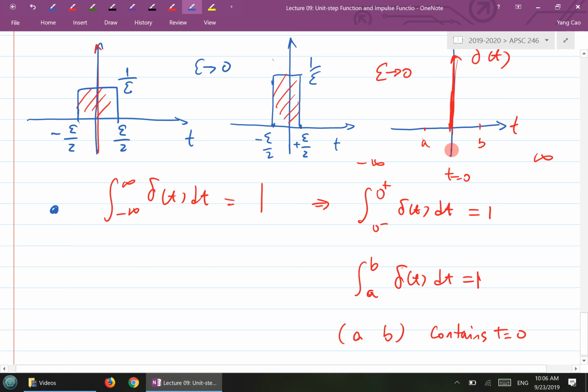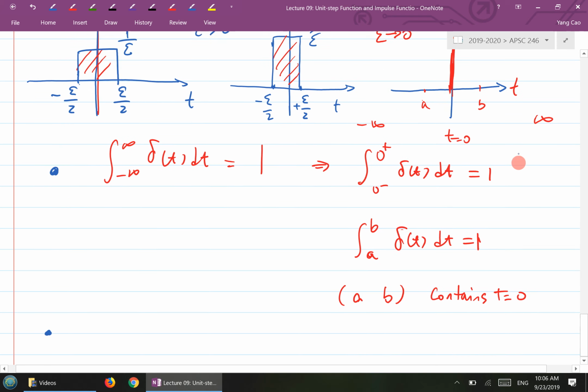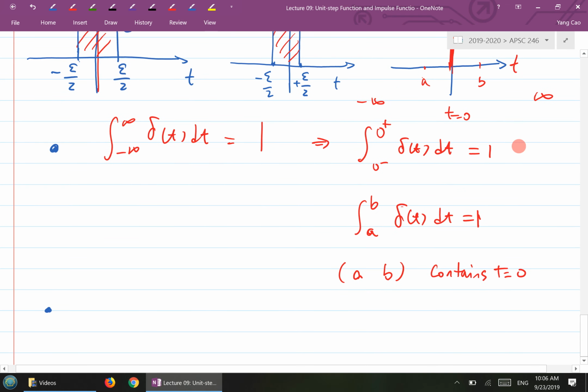So delta t, even though it's just an arrow, is no different from this box here. It means delta t should also be symmetric about t equal to 0. So when you have a function that is symmetric about t equal to 0, what kind of function is that?